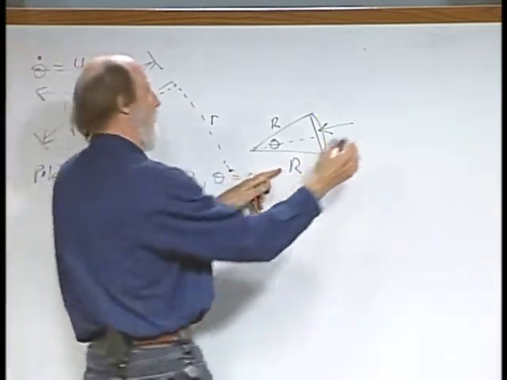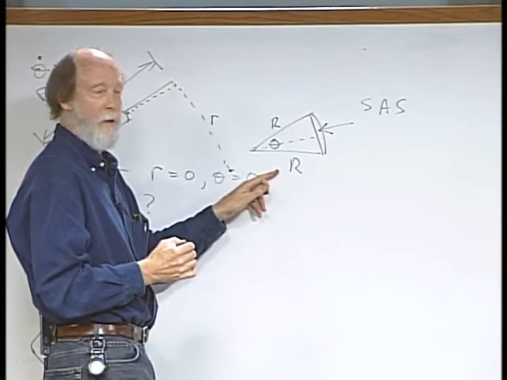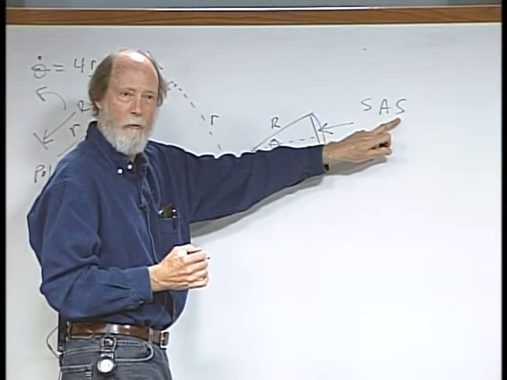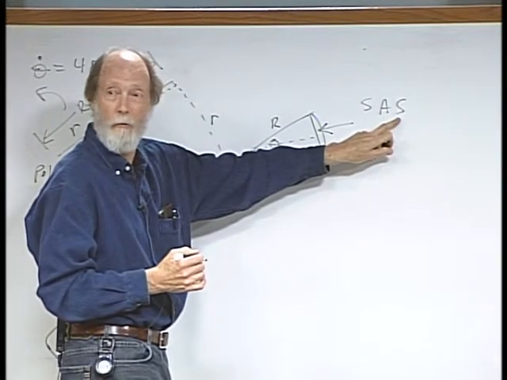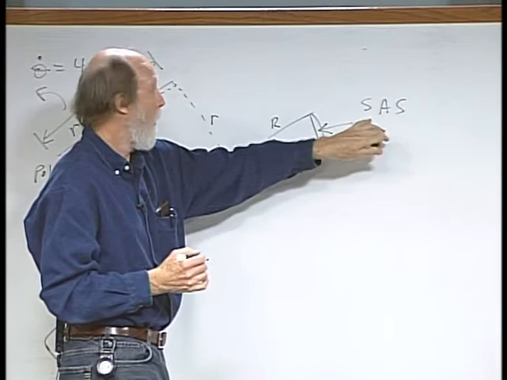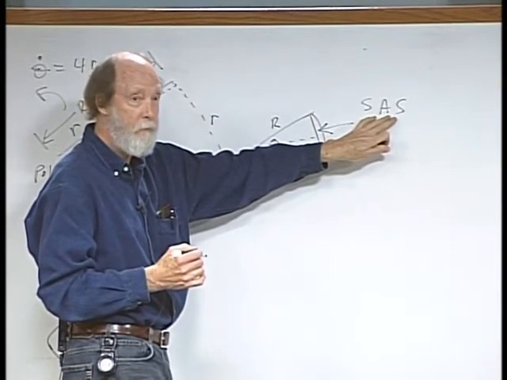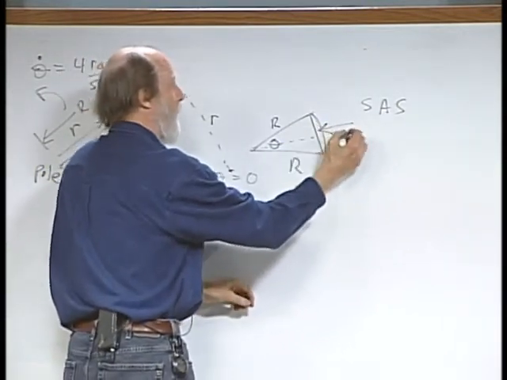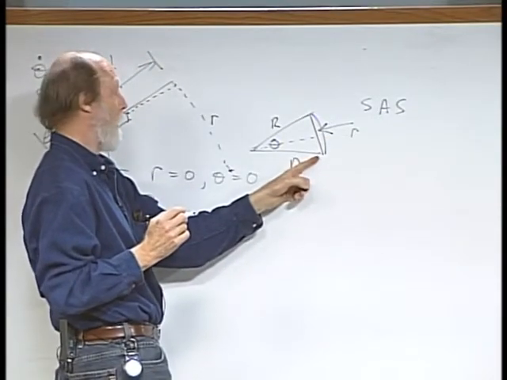We have a side angle side condition from trig. And when the emphasis is on the side length, you use which law? Law of sines or law of cosines? Law of cosines, if the emphasis is on the sides. We don't know this length, and this happens to be our little r, doesn't it? Okay, that little length is little r.